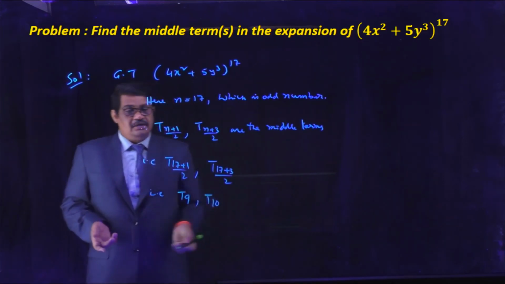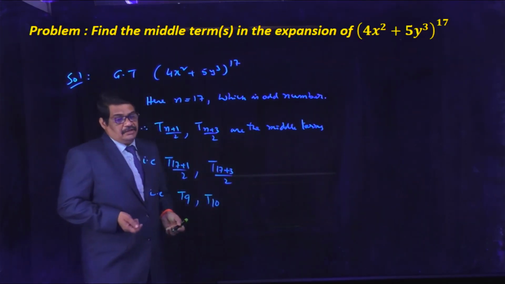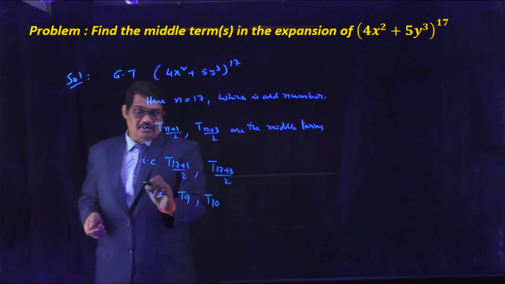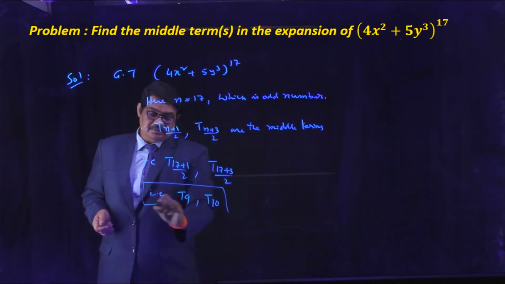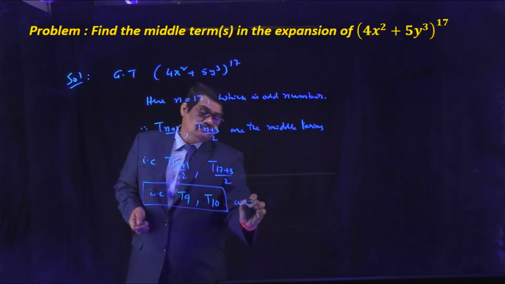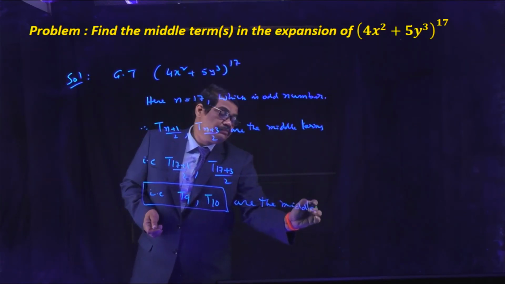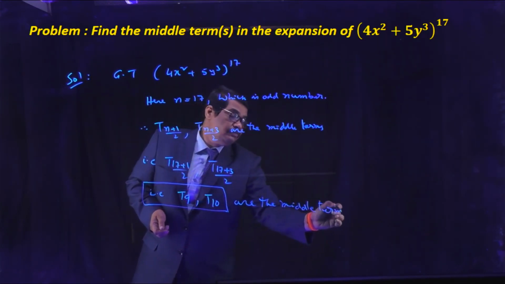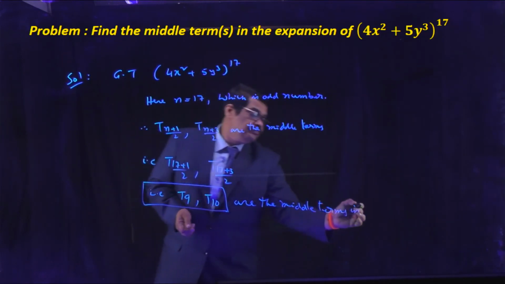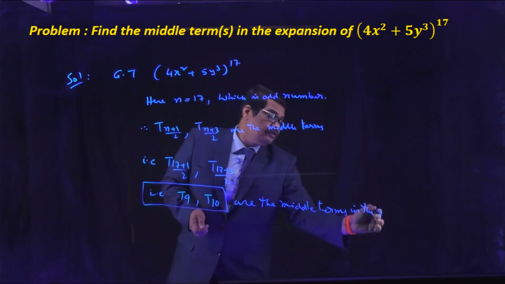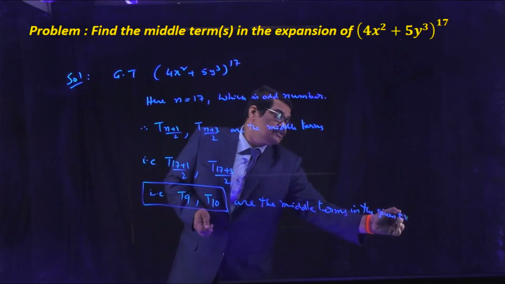These two are the middle terms, T9 and T10, in the given expansion.